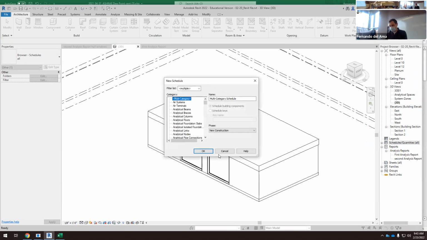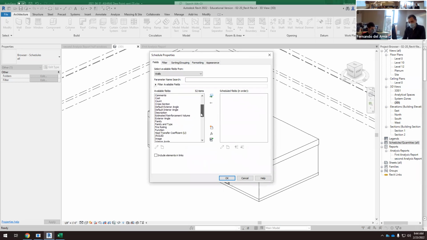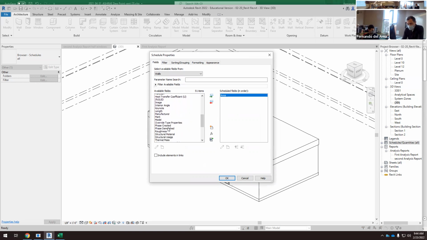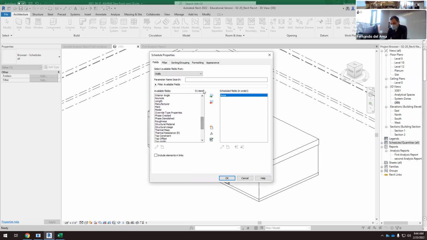So how can we do this? A new schedule. Here in walls, we have different options. We have wall sweeps. Okay, so let's select walls again. And here I need the area for sure. And there should be some field here about the volume, width, type.